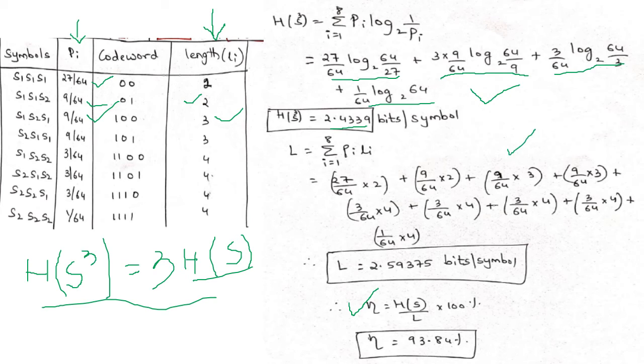Next we have again 9 by 64 into 3, and then 3 by 64 into 4, 3 by 64 into 4, and the last one is 1 by 64 into 4.